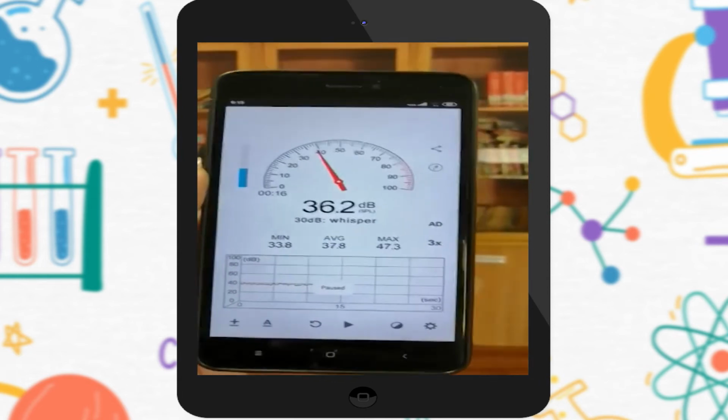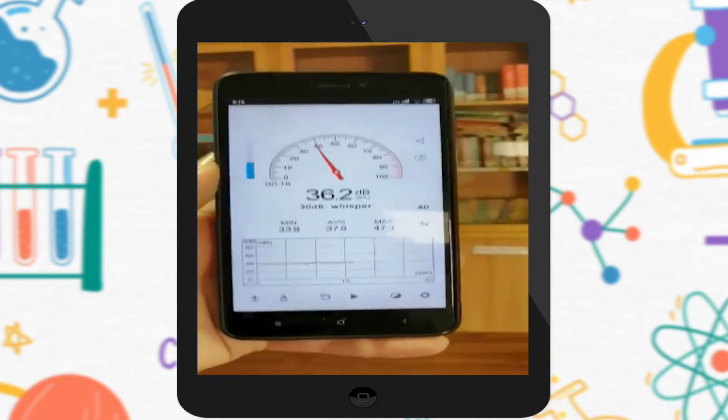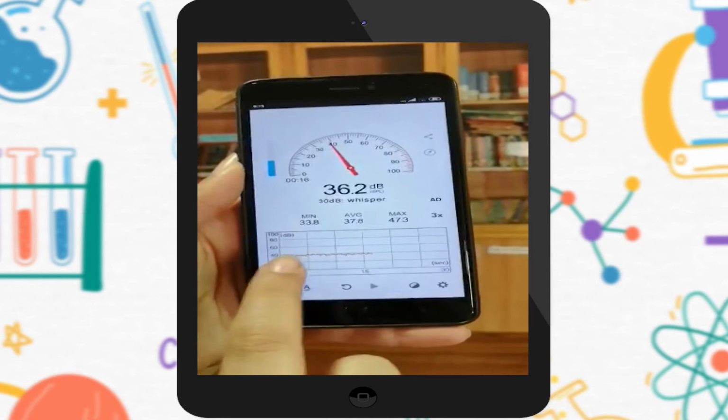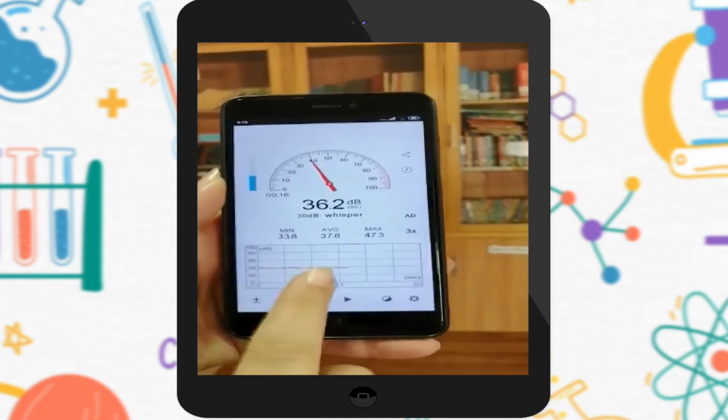Now children, you can see, since it's a very quiet library, the graph that came over here is a very smooth one. There are not many fluctuations because of the quietness around us.